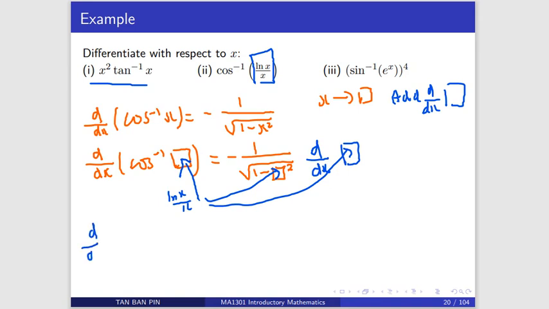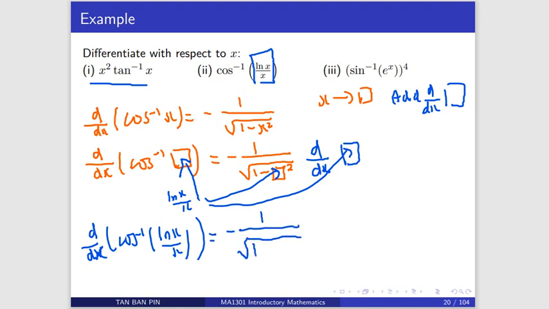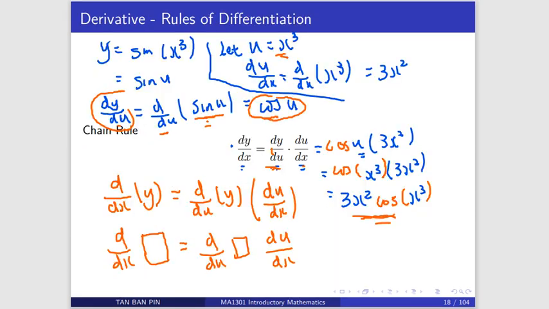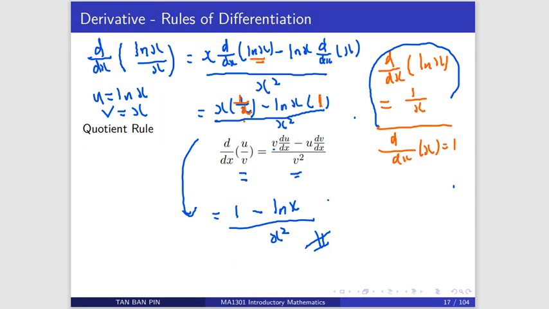So with that you can say d/dx of cosine inverse ln x over x should be minus 1 over square root of 1 minus ln x over x squared, times d/dx of ln x over x. Now you know why in the previous video I showed you this d/dx of ln x over x.